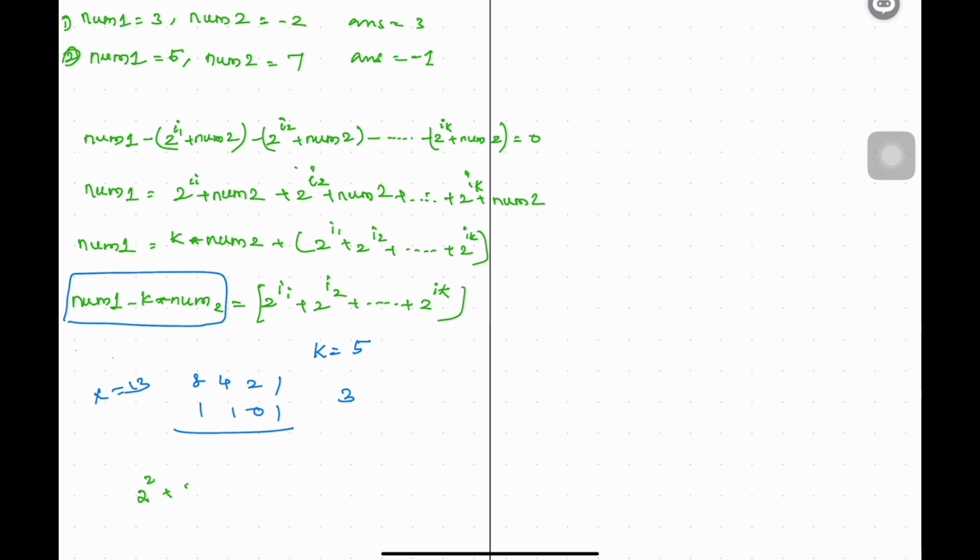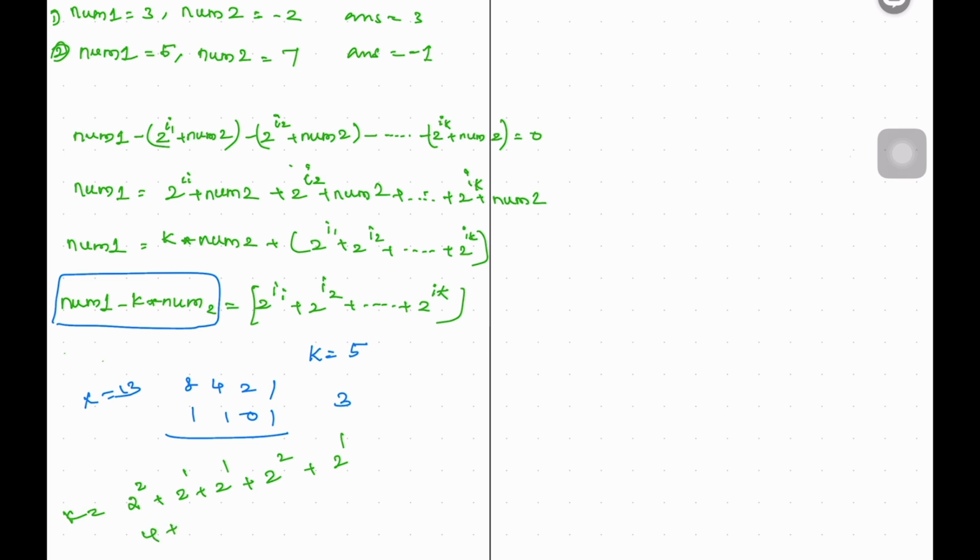Next 2 to the power of 1 plus 2 to the power of 1 plus 2 to the power of 2 plus 2 to the power of 1. So which means now I have taken k terms of 2 to the power of i. Here the value is 13. Now it will be 4 plus 2 plus 2 plus 4 plus 1.